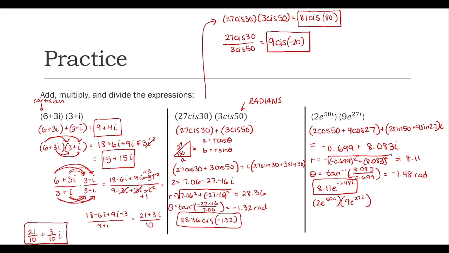We'll multiply our r values, so we get 18e, and then we'll add our theta values, so 50 plus 27 is 77i. So there's our product. And then for our quotient, 2e to the 50i divided by 9e to the 27i, we'll do 2 divided by 9, which is 2/9, times e to the 50 minus 27, which is 23i.